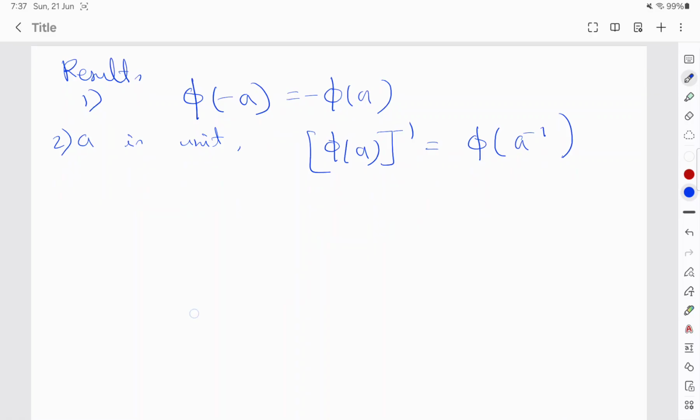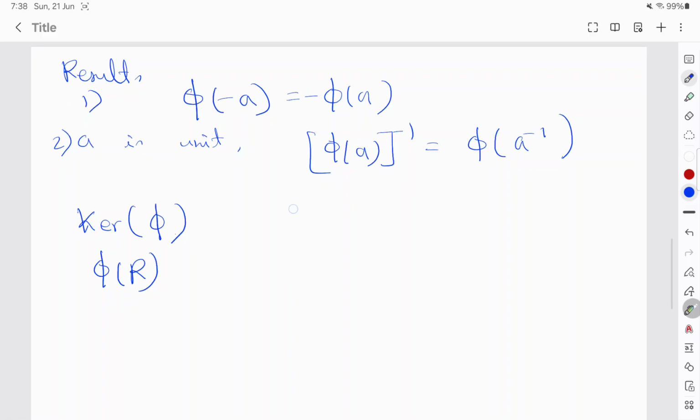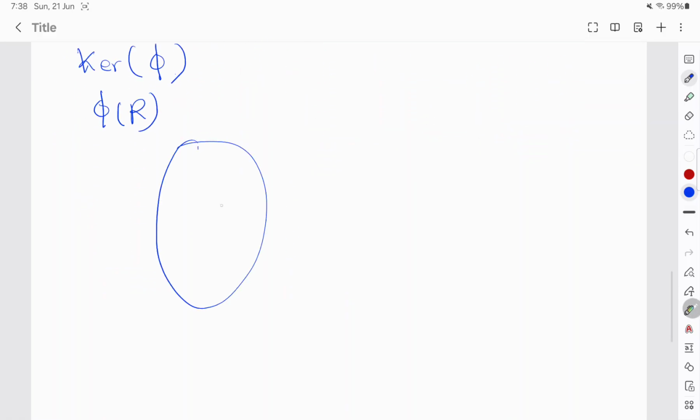Now after that we have defined some sets, like the kernel of the map, which is denoted by ker phi. Another thing is phi of R, which is called the homomorphic image. Ker phi is a subset of the domain for which phi maps to the 0 element.